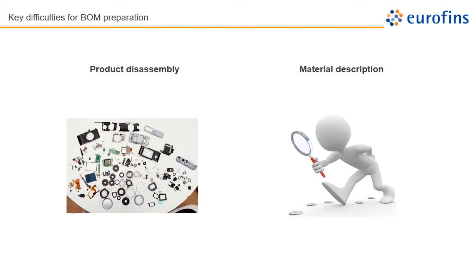A homogeneous material normally consists of just one kind of material. And the second question is, do I describe the material in a recognizable manner? Product assembly and material description are 2 key points of the BOM preparation.